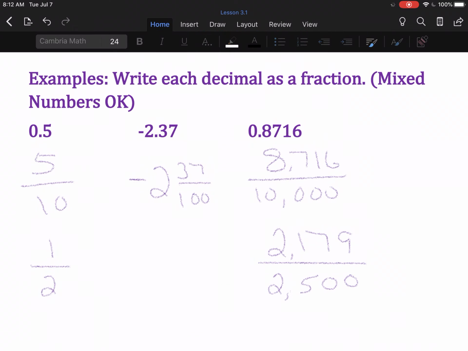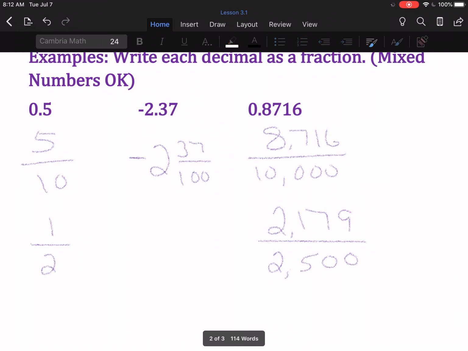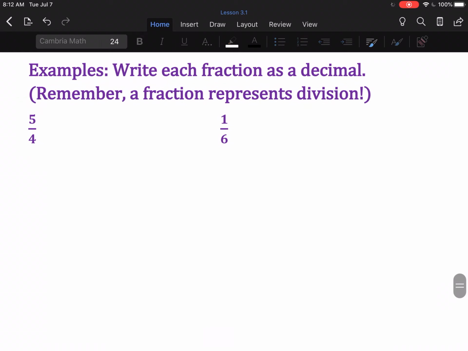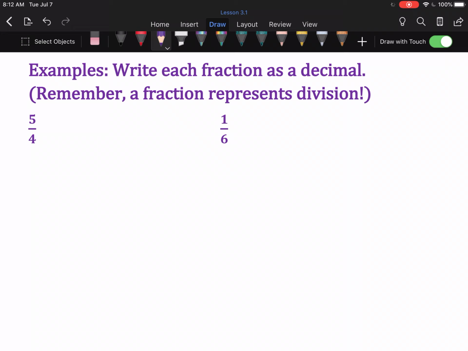So to convert a decimal to a fraction, we just name the decimal part properly: 5 tenths, 37 hundredths, 8,716 ten-thousandths, and then simplify whatever we have. Write each fraction as a decimal, remembering that a fraction represents division. So this time I'm going to do the division longhand.